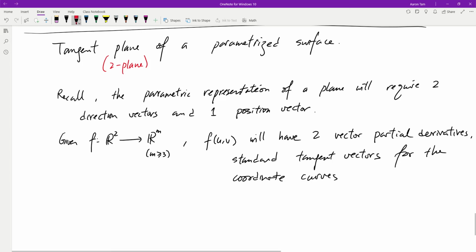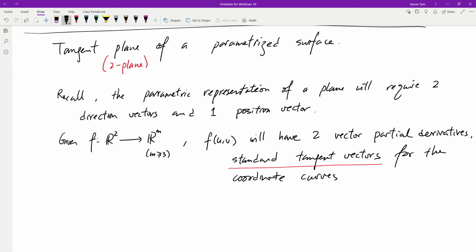And since we have two standard tangent vectors, they're both direction vectors, so we satisfy the two direction vectors we need to form a plane. And obviously, wherever we form these two standard tangent vectors will have to be a specific position on the surface, therefore satisfying the position vector also.